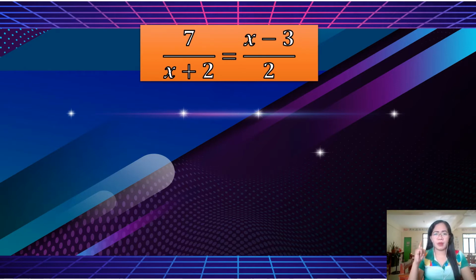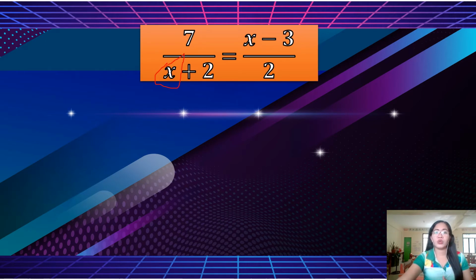Now, always remember, if the given equation is a fraction, with an equal sign between them, then you are going to cross multiply, especially if there is a variable x in the denominator.